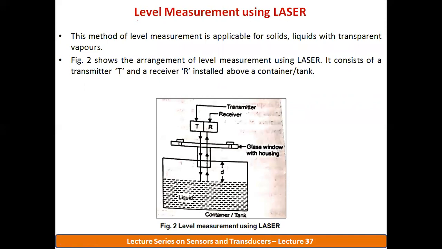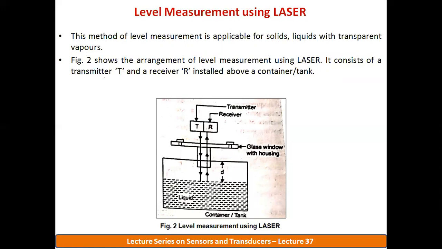So next, the transducer is a level measuring transducer which uses a laser beam. This method of level measurement is applicable for measurement of the level of semi-solids, maybe it is a semi-solid or a liquid, with transparent vapors.